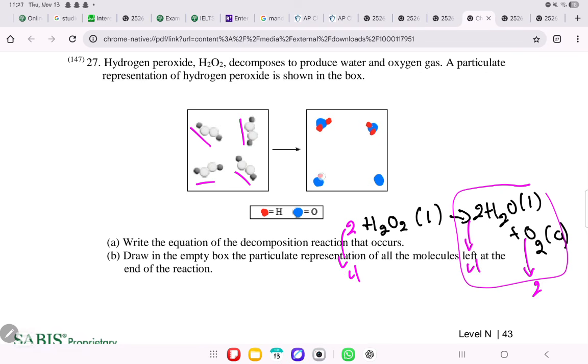So this is the 4 moles of water. And what do I have left? I have the O2 gas, right? So I'm going to have 2 moles of O2 gas. So 1 and then 2. So this is what my figure is supposed to look like.